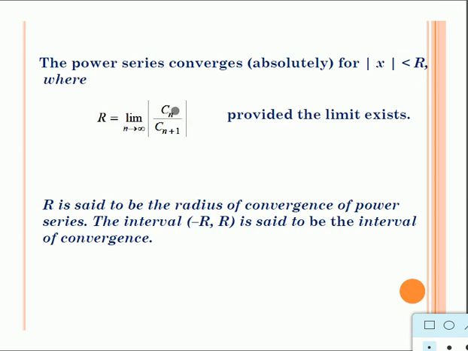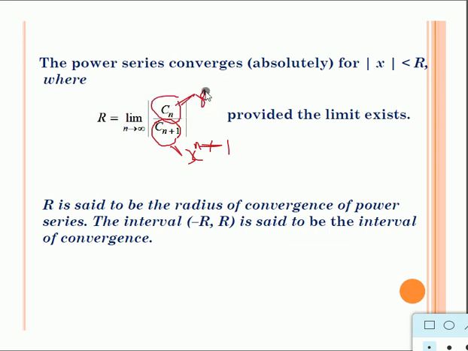This is the x power n term. Then what about n plus 1? So C n plus 1 will be the coefficient of x power n plus 1. It is the x power n plus 1th term coefficient, and this will be the x power n in the sequence.